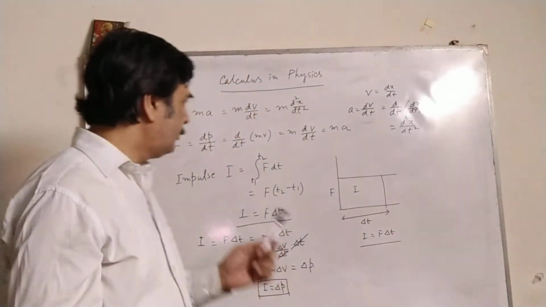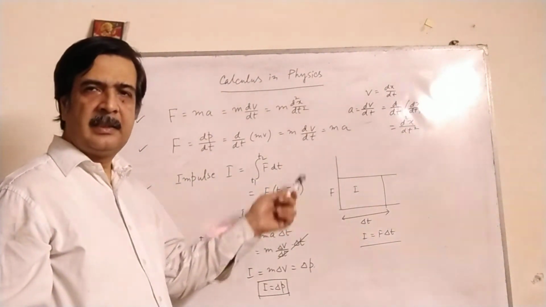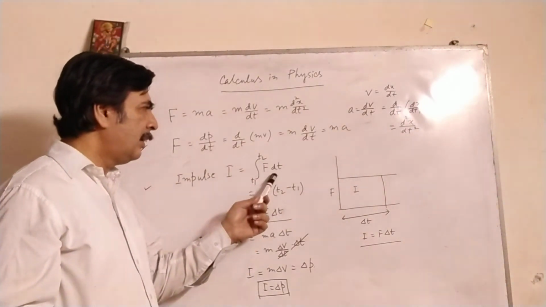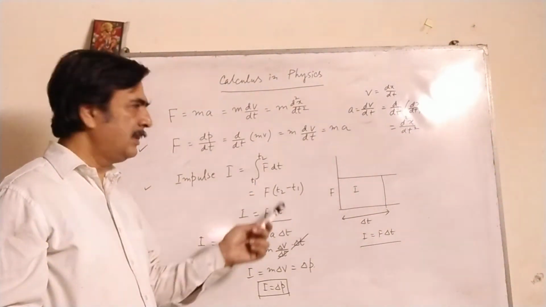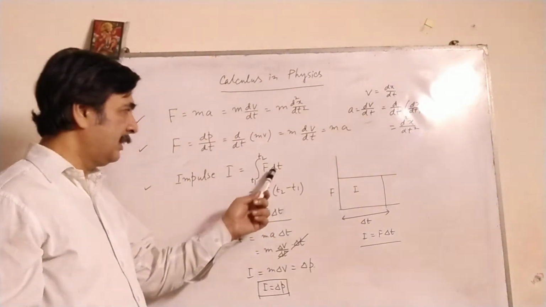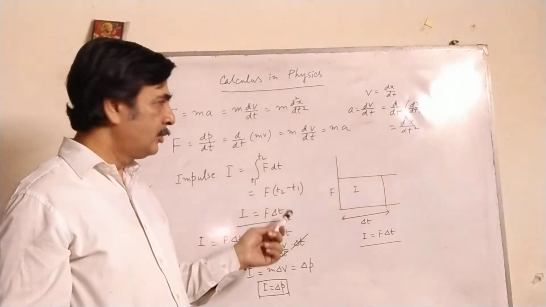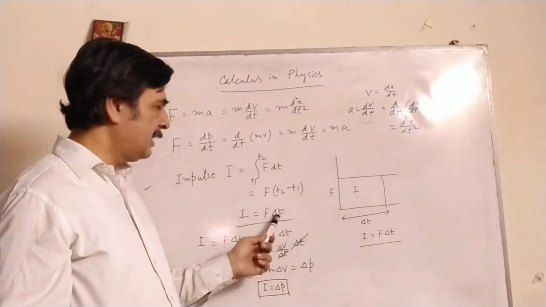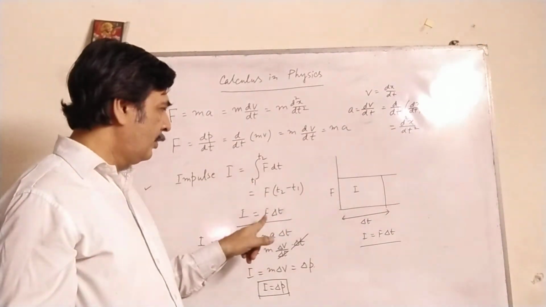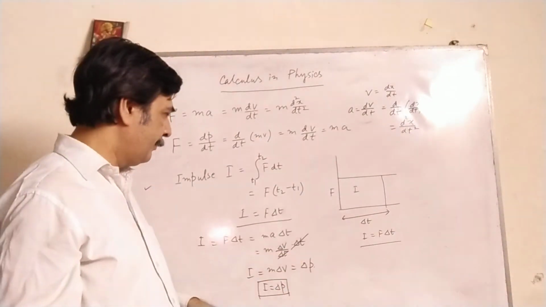Okay, so I is equal to impulse, I is equal to the integral of F dt from t1 to t2. F is constant, so the integral of dt from t1 to t2 is t2 minus t1, and it is delta t. So I is equal to F into delta t, that is force into a small interval of time.